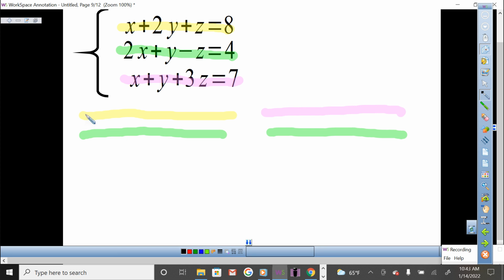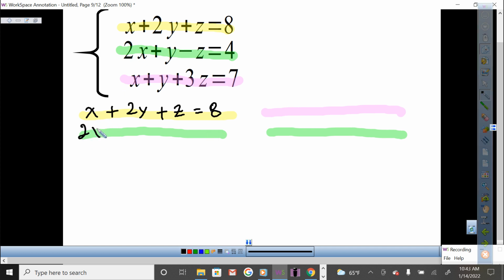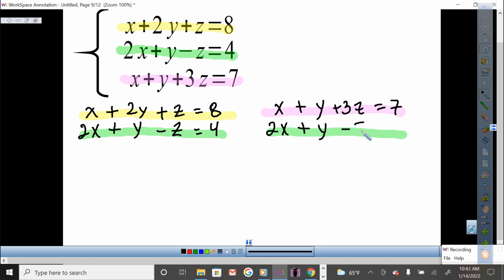The yellow one we got x plus 2y plus z equals 8, and underneath we got 2x plus y minus z equals 4. The pink one, we got x plus y plus 3z equals 7. And again, 2x plus y minus z equals 4.